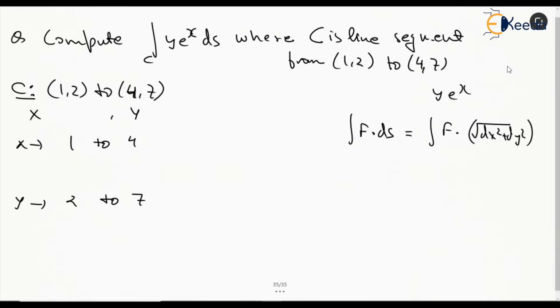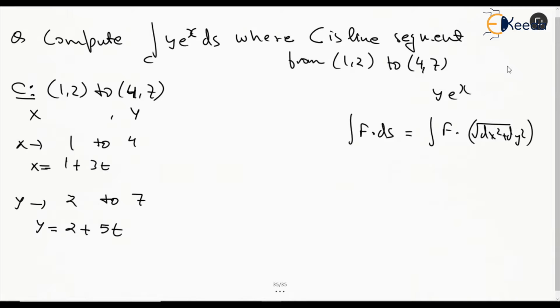In that case we can write x is equal to 1 plus 3t and y is equal to 2 plus 5t.